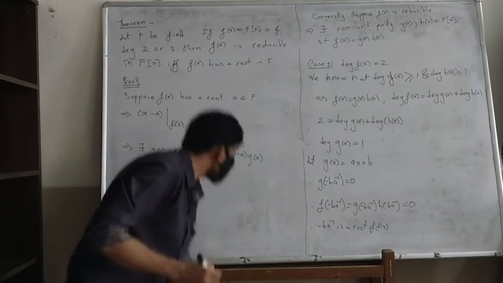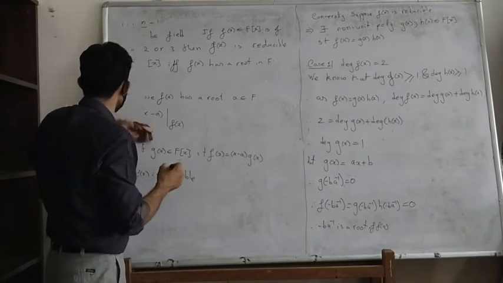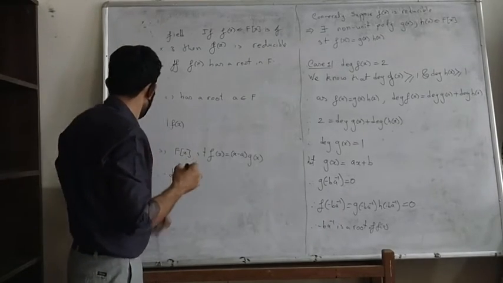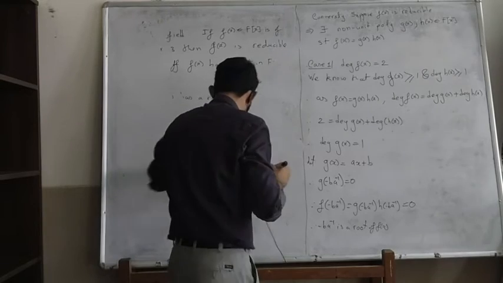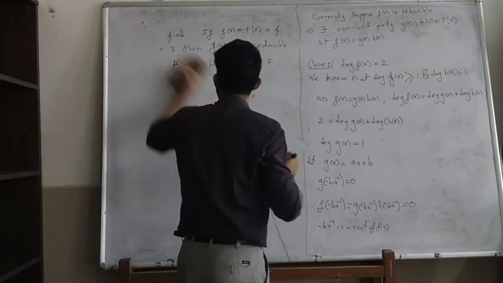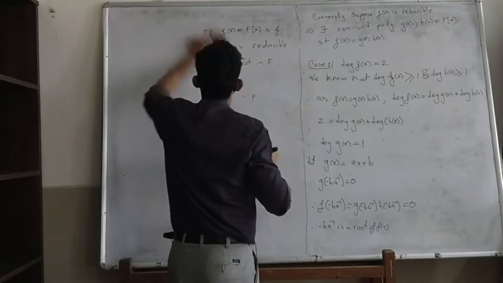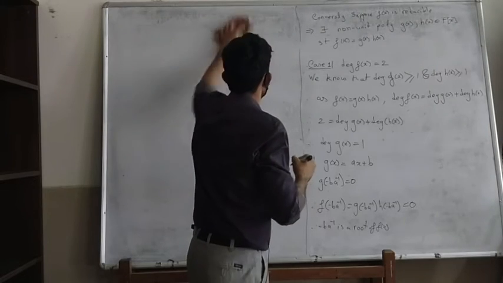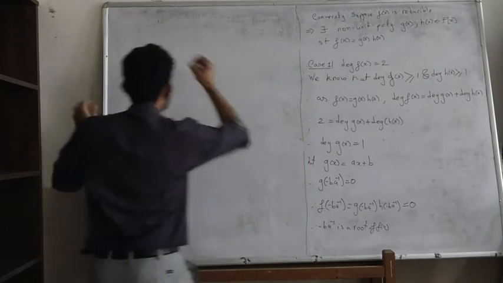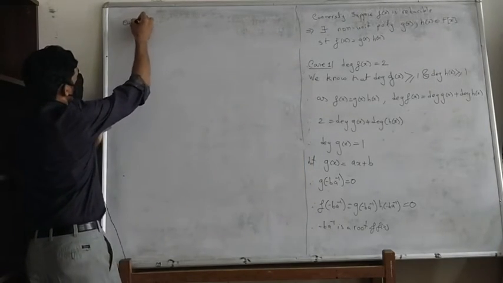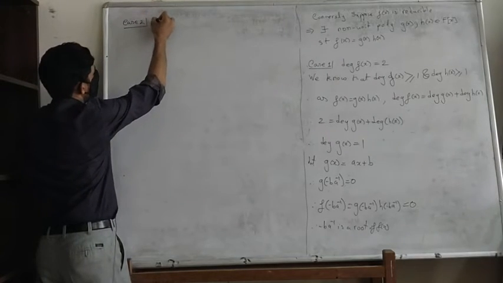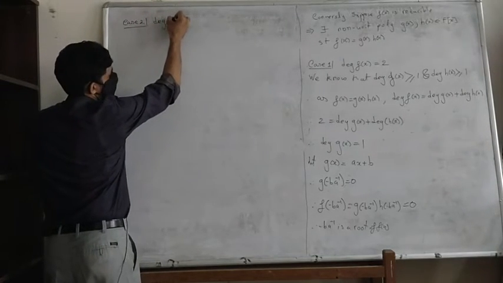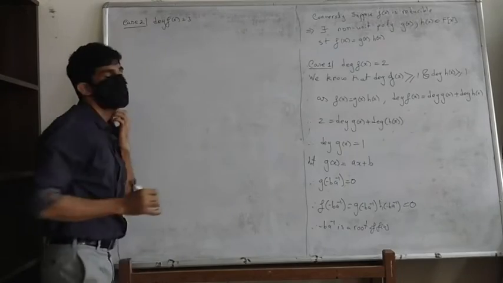So this tells us that minus b times a inverse is a root of f of x. Okay. Now let's look at case 2, that is, what happens when the degree of f is 3. Case 2 is the degree of f is 3.